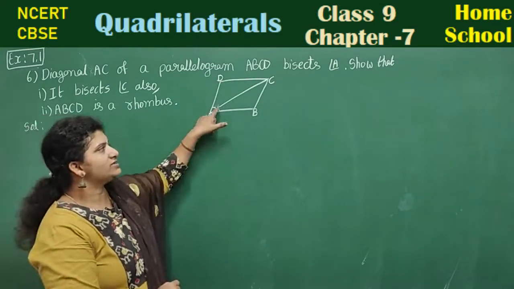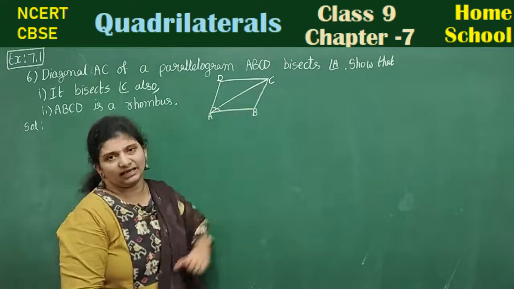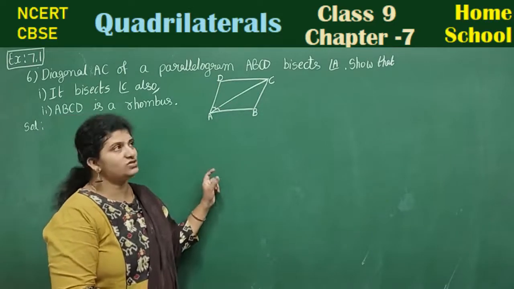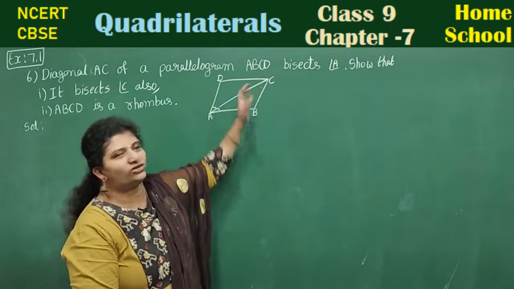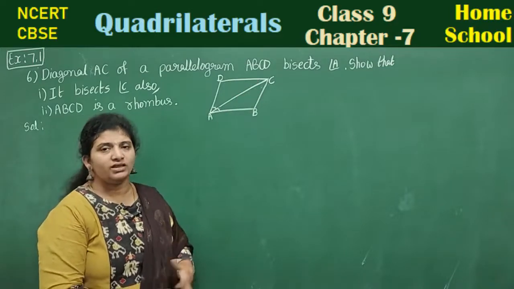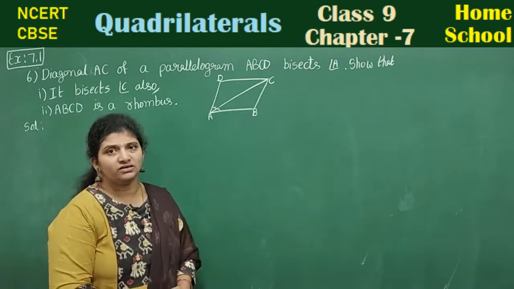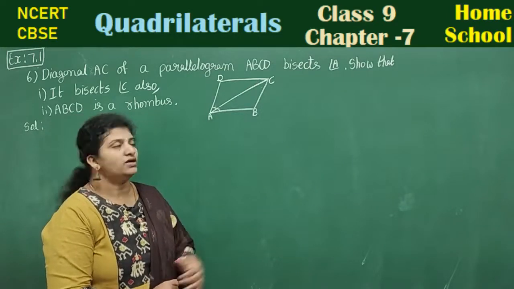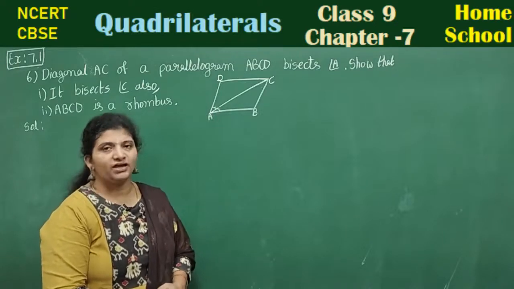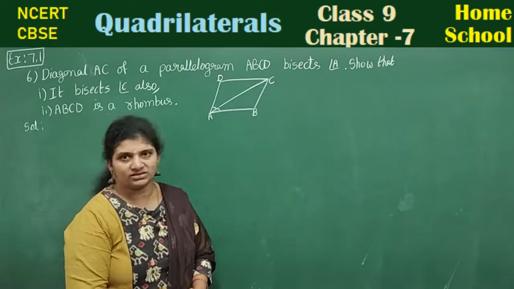So look here, this angle is equal to this angle and this angle is equal to this angle. Right? If you compare these angles, you can say this equals this. Then angle C is bisected, you can prove. Then what about your second case? Prove it as a rhombus. To prove it as a rhombus, you can prove any two sides equal. If two sides are equal, then I can say it is a rhombus.